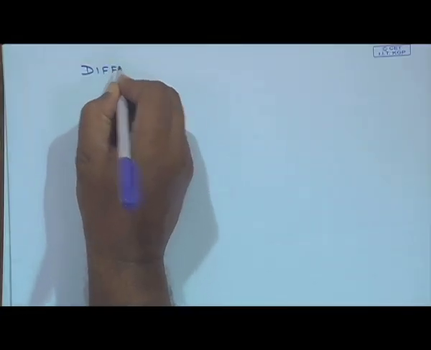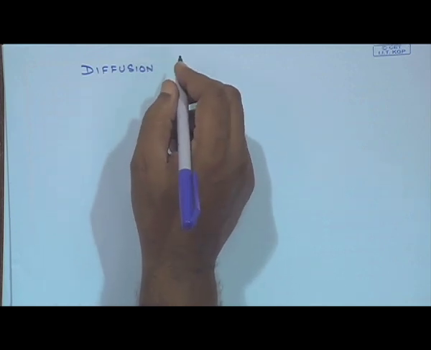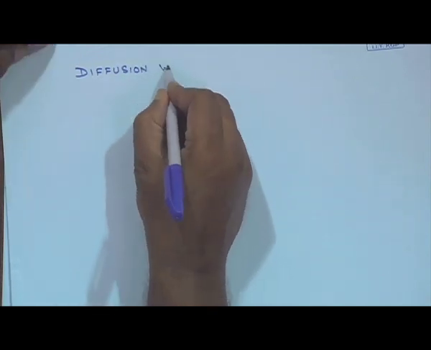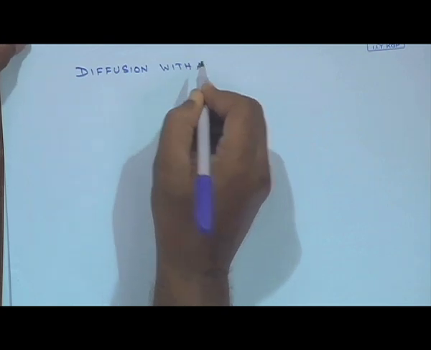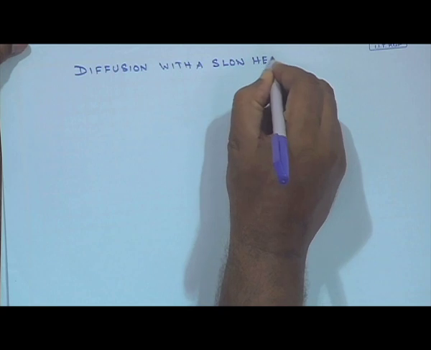So, the problem that we are going to do is the diffusion with a slow heterogeneous reaction.